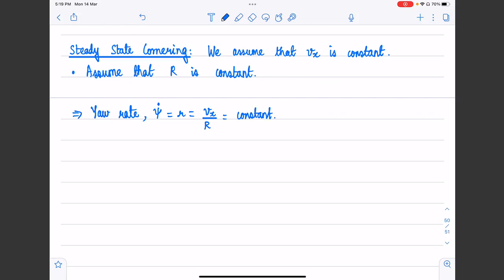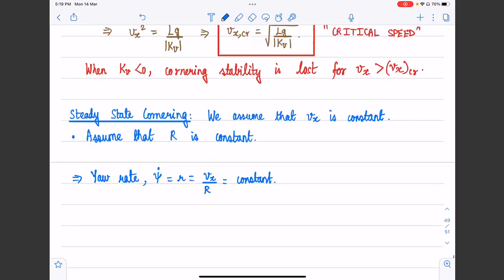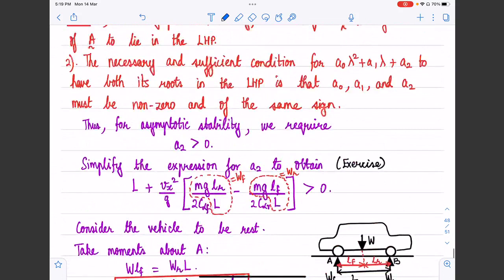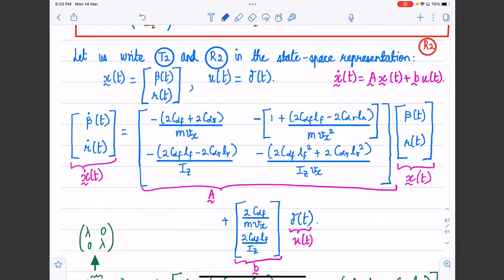This is where one important difference comes in between the previous model and this model. In the previous model, if you recall, we considered R to be a function of time. There was an R dot term. R dot was not zero, right? We could have an evolution equation for R dot. The yaw rate R was a state variable, and there was an evolution equation for R dot.